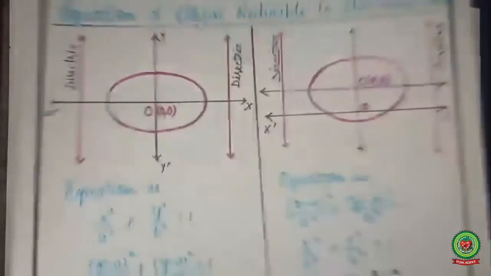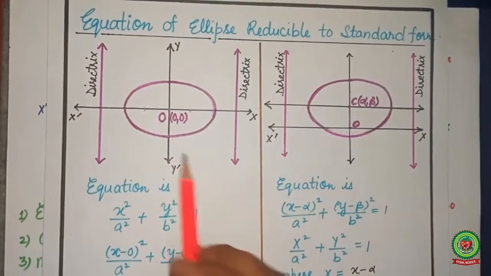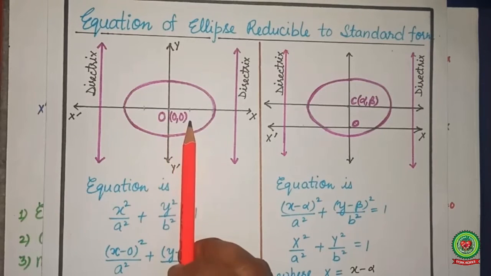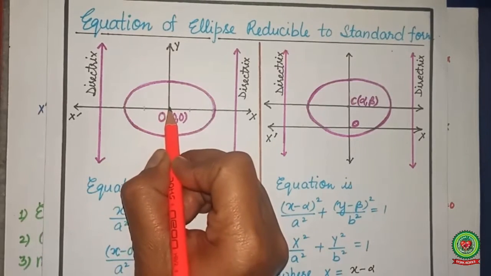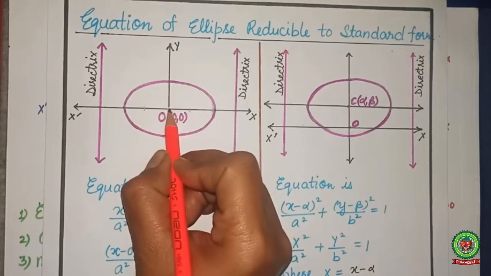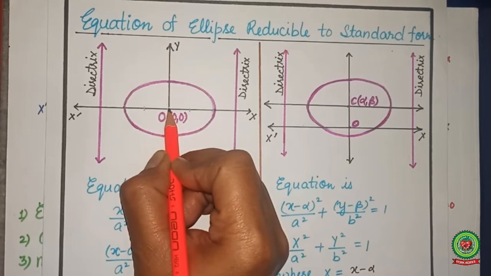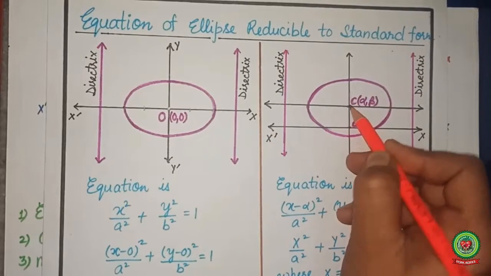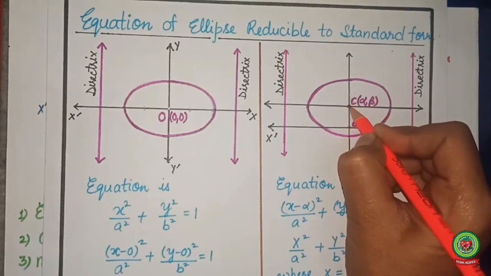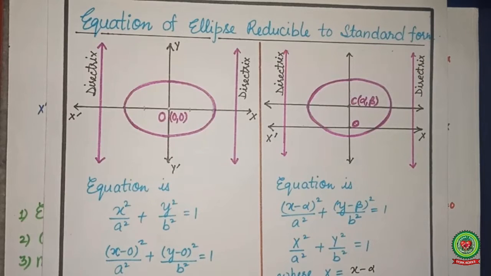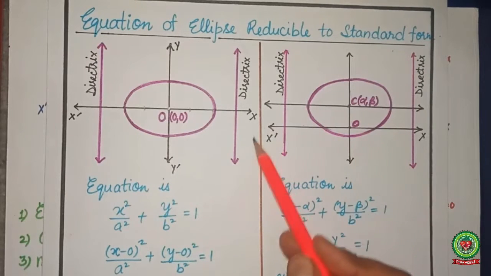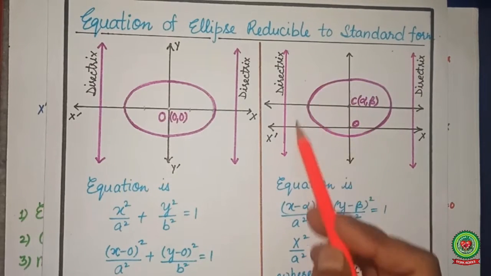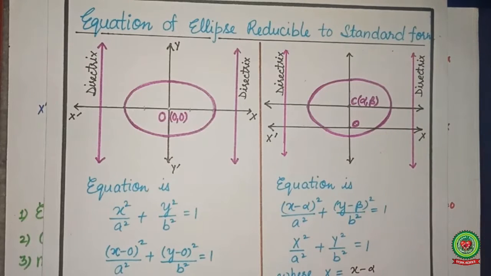Now, look here. First, I have taken this standard form where the center is lying at the origin. Now, when this point is shifted to some other point, same as in parabola, here I have taken it in the first quadrant, say it is alpha beta, but it may be shifted to any other point also, anywhere in the quadrant, or on the axis also.